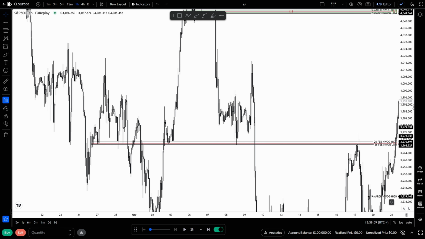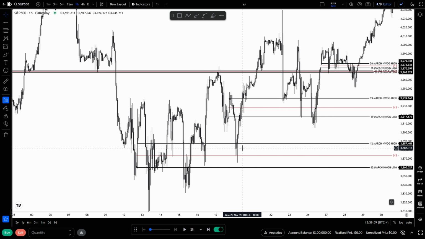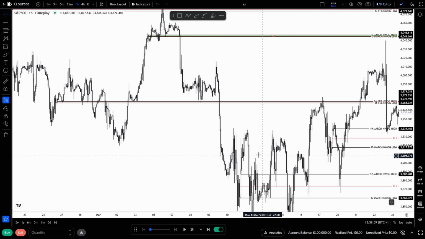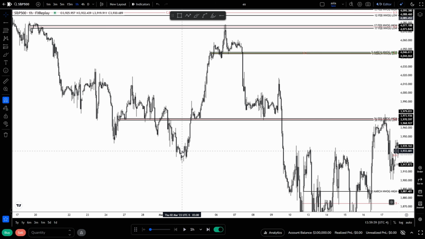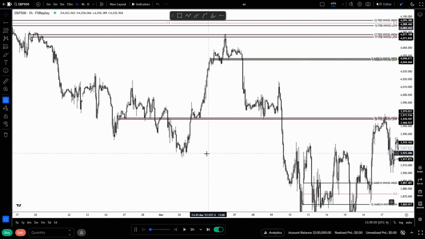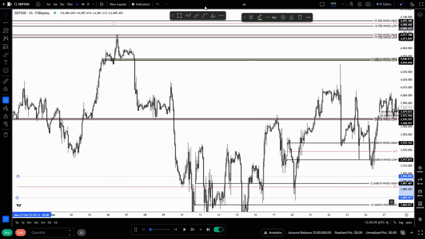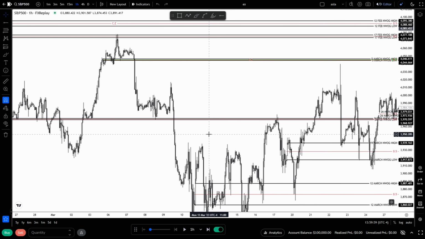That is why I keep these on all my charts, whether it is NASDAQ, ES, Dow, the dollar index, or Forex pairs like EURUSD and GBPUSD. And the best part is, this is very easy to maintain. Every Friday when the market closes, you mark the closing price.